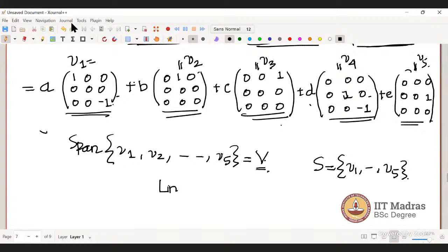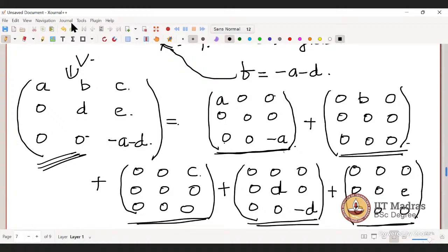To prove that S is a basis of the vector space B, I have to show two things: that the span of S is B, and that S is linearly independent. I already showed that the span of S is B, so all I have to show is that this S is a linearly independent set. So it's more or less clear, right? Can one of you tell me why this set is a linearly independent set?